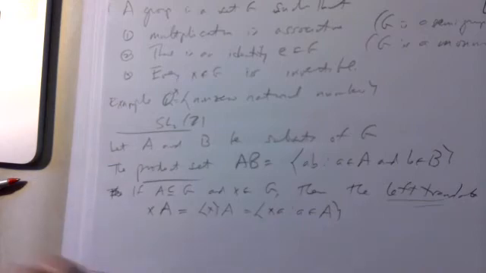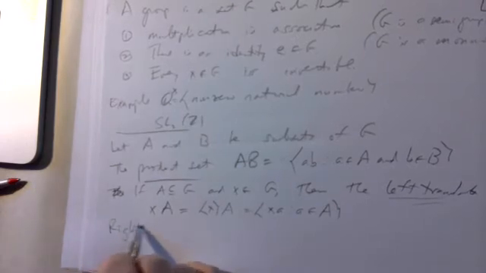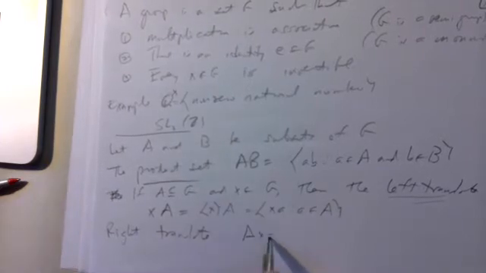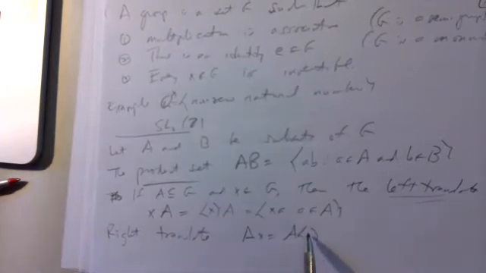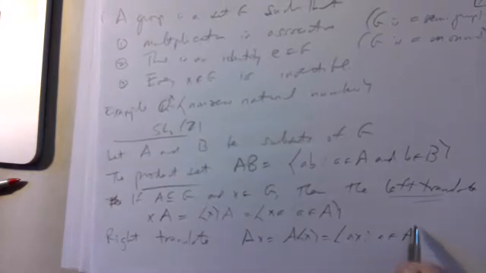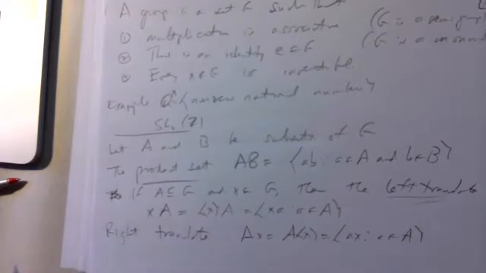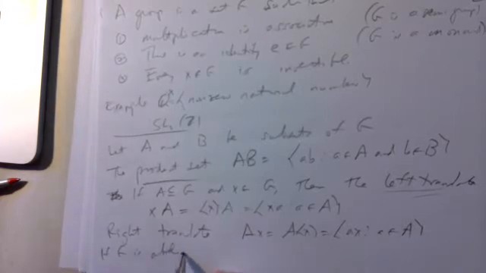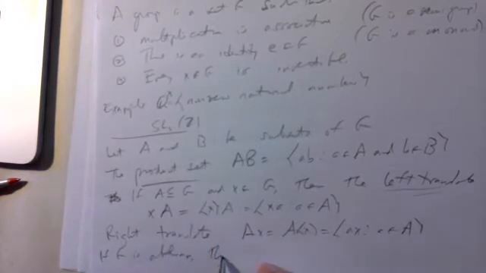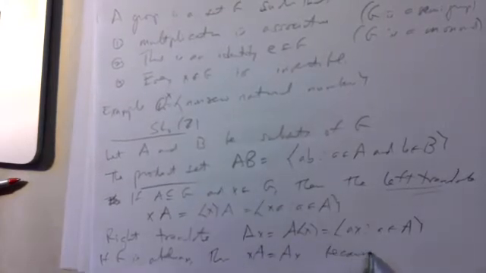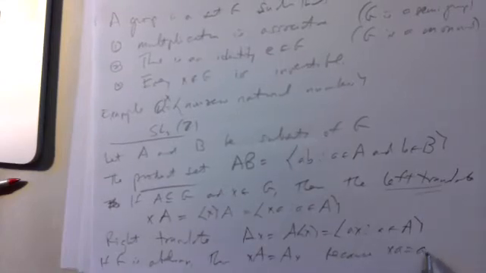And we also have the right translate. AX is the product of these two sets. So this is everything of the form A times X, where A is in A. If G is abelian, then the left translate equals the right translate, because XA equals AX.